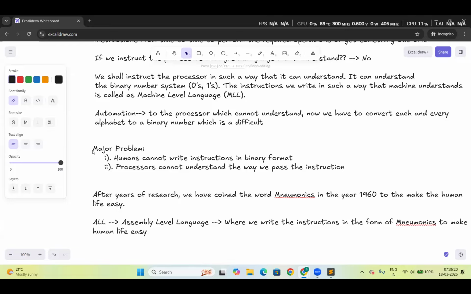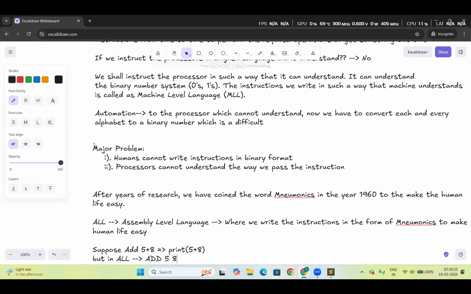So how do we write mnemonics? Suppose I say add 5 plus 8. In any programming language, we'll say print 5 plus 8. But in ALL, we will say add 5 space 8. In your college days, in your engineering days, you must have seen code written in assembly language.